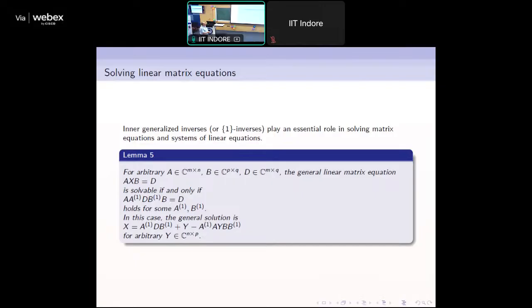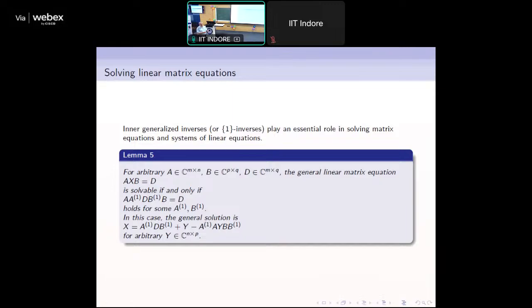But if A and B are not invertible, then the problem is solved using the 1-inverse. The main result says that such a linear matrix equation AXB equals D is solvable if and only if such a condition is satisfied for arbitrary inner inverses of A and B. Which inner inverse is most appropriate?